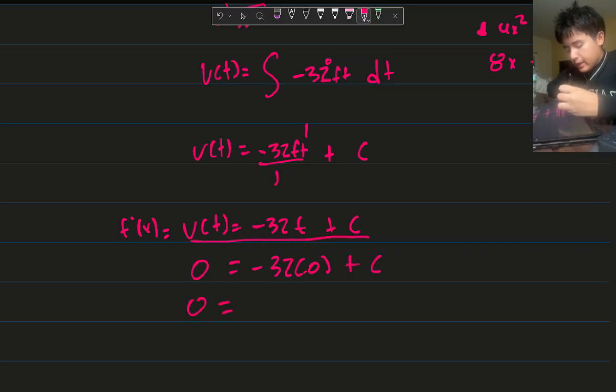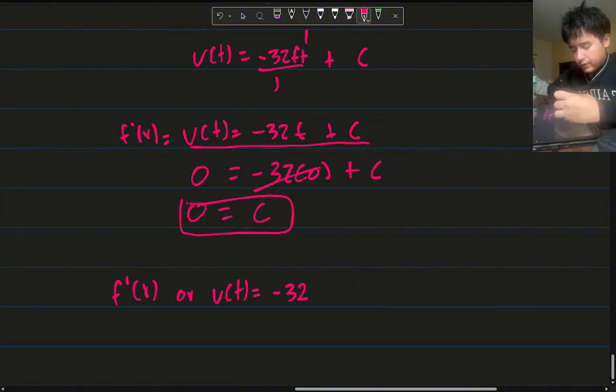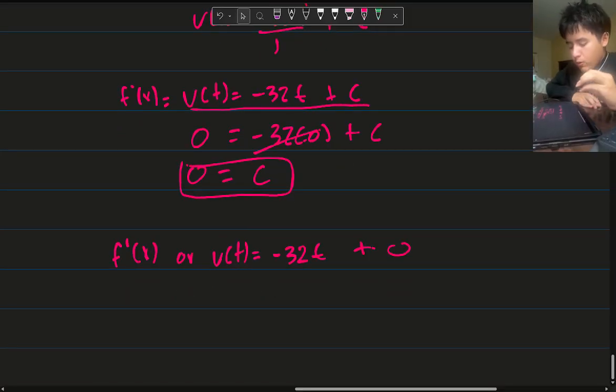This cancels out, giving us c is equal to 0. Therefore, our first derivative, the velocity of t, is equal to negative 32 t, plus 0 if you want. So now we're almost there.